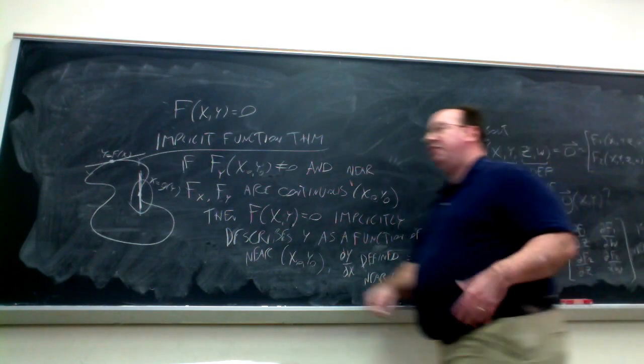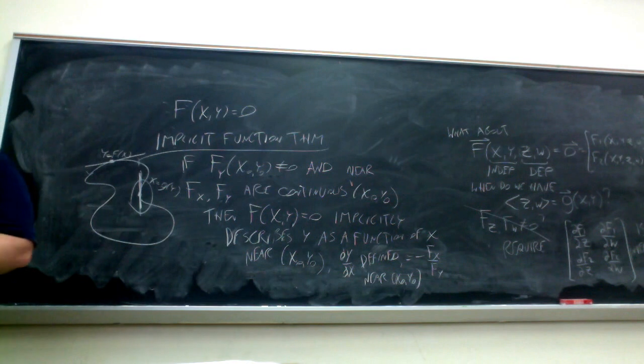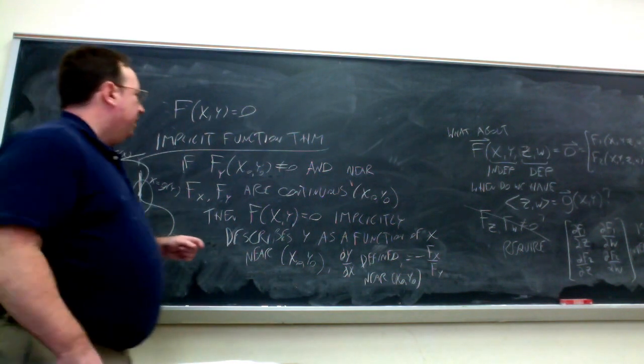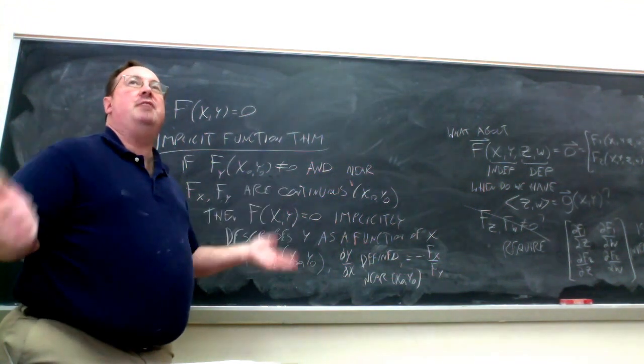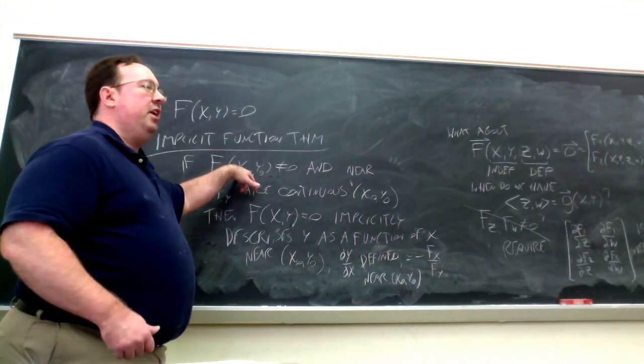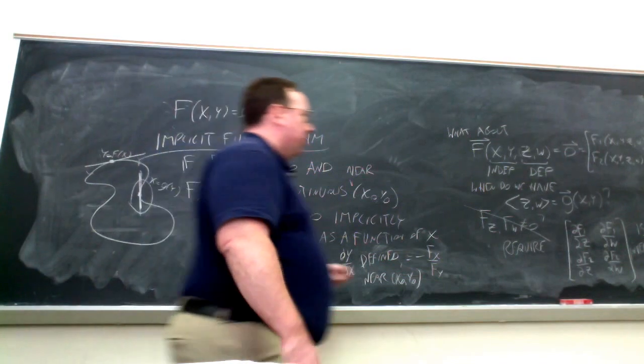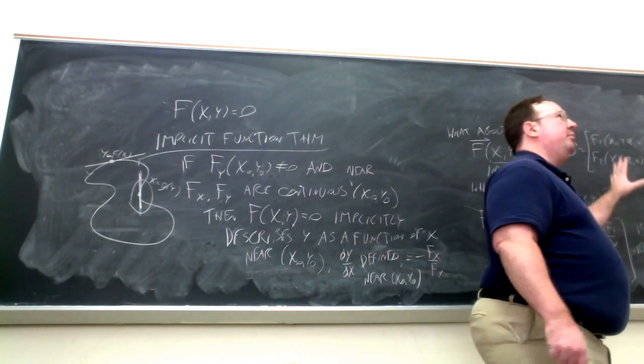This is a 2 by 2 matrix. It has to be an invertible matrix. So here you have to have something that you can divide by. We can only divide by a number that's non-zero. We can only multiply by the inverse of a matrix that's invertible.